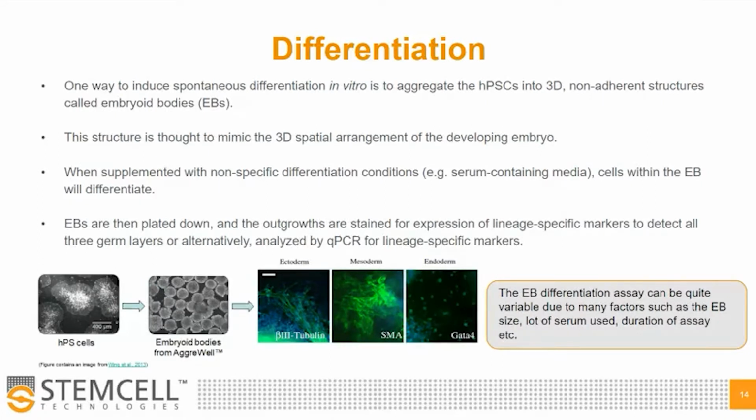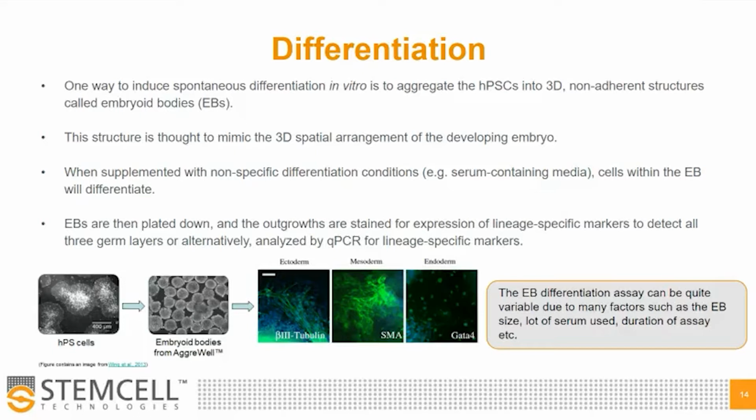Because of the drawbacks associated with the teratoma assay, researchers are moving towards in vitro alternatives. One method to induce spontaneous differentiation in vitro is to aggregate the hPSCs into 3D non-adherent structures called embryoid bodies, or EBs. This structure is thought to mimic the 3D spatial arrangement of the developing embryo.